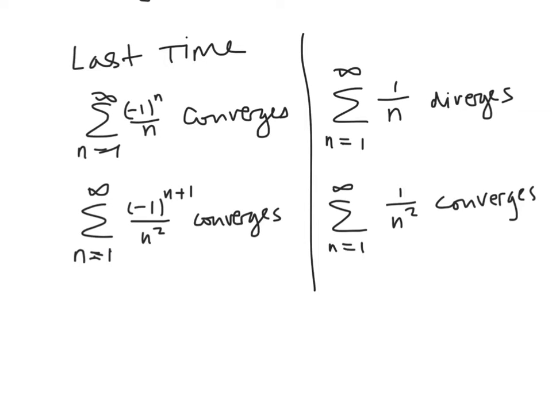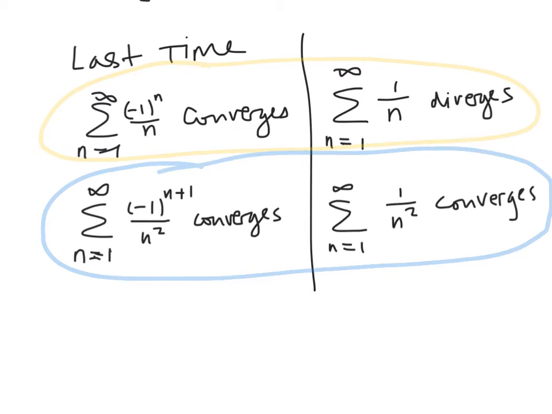Sometimes, if your series is alternating, it will converge, but when you remove the alternating part, it diverges, as in the above case. But below that, in blue, we see that both the alternating sum and the sum that is not alternating converge.